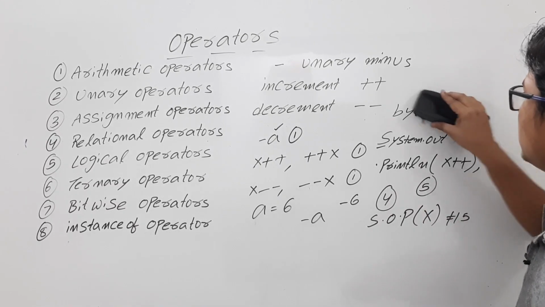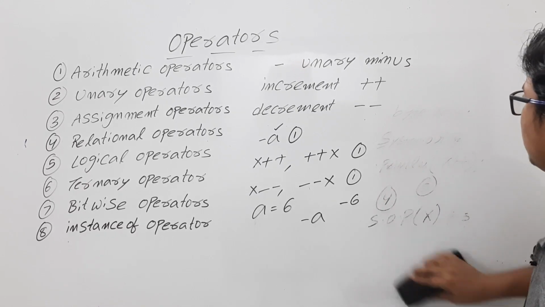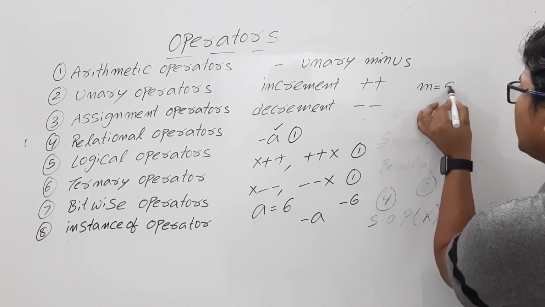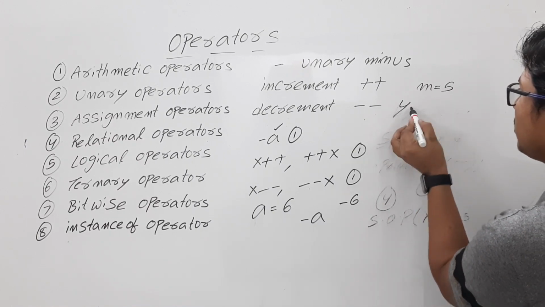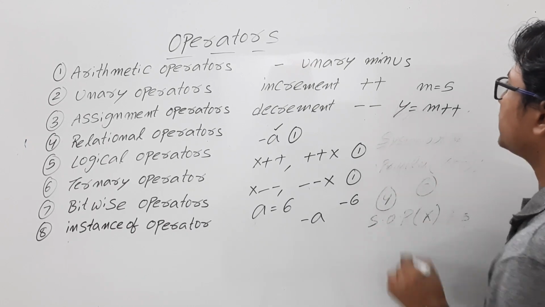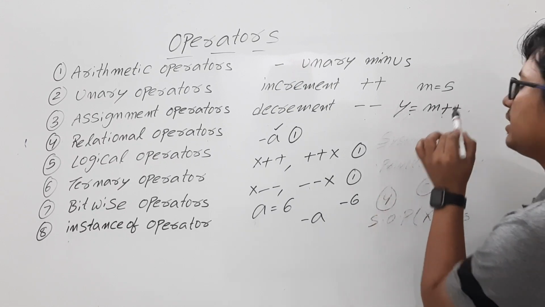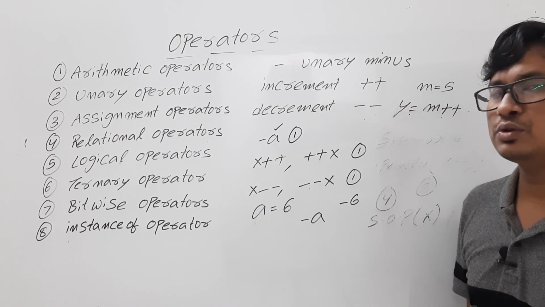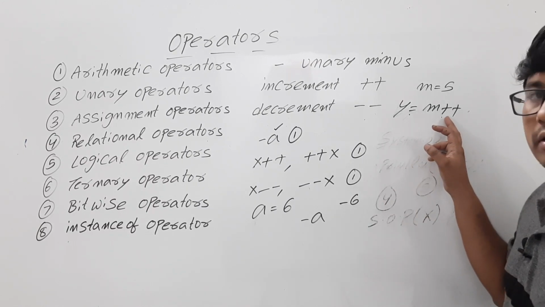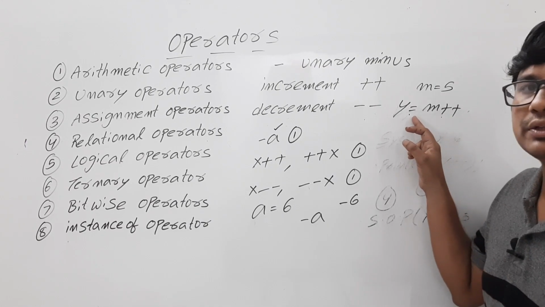Now let me discuss with one good example, the post increment and pre increment. Let me take the standard one, m value is equal to 5, and if you have written a statement y is equal to m plus plus, then look at here how many operators are there? One is assignment operator, and then you have the post increment. So the meaning is that here the increment you need to give the least priority as compared to the assignment.